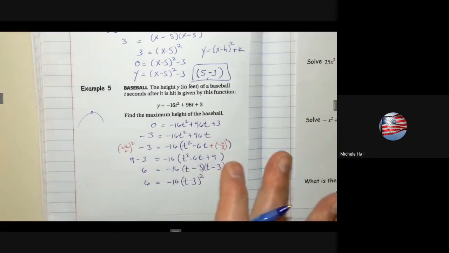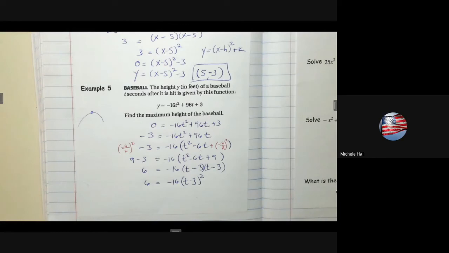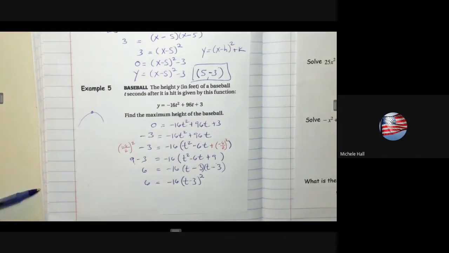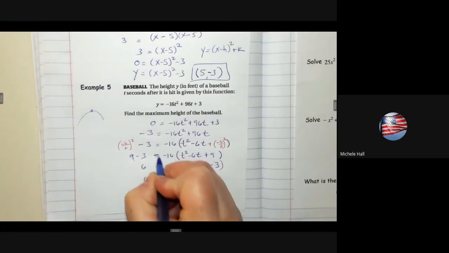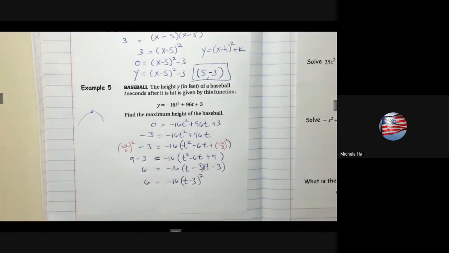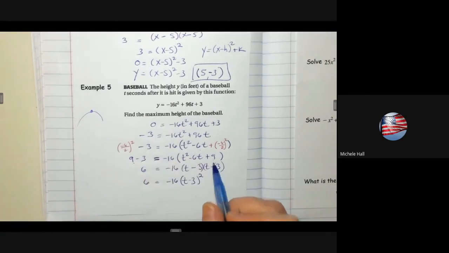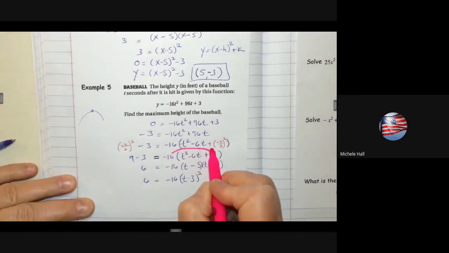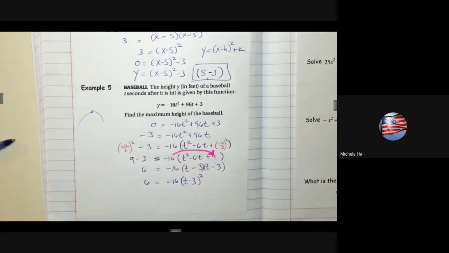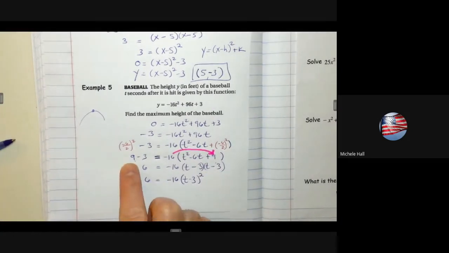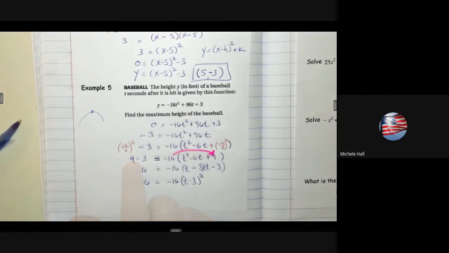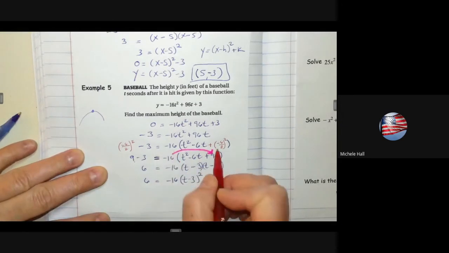I would say no. This is a mistake that students always make. When I added 9 to this side, it's not being balanced here. This needs to be balanced, and it's not. I didn't just add 9 to this side, I added negative 16 times 9. That means I need to add to this side not 9, but negative 16 times that.